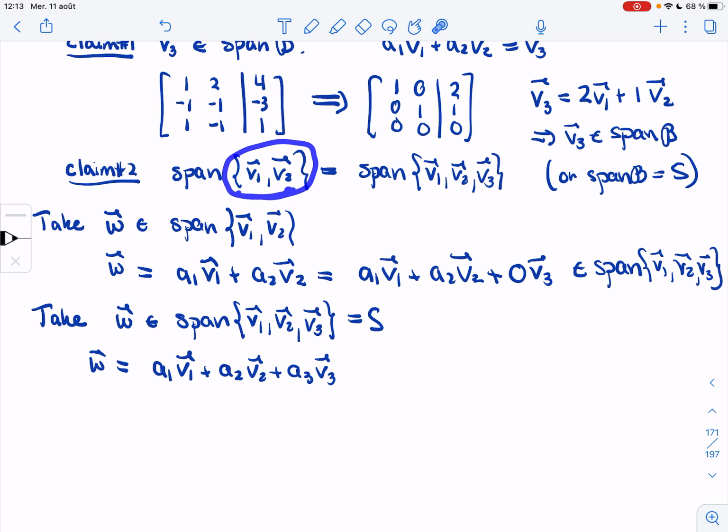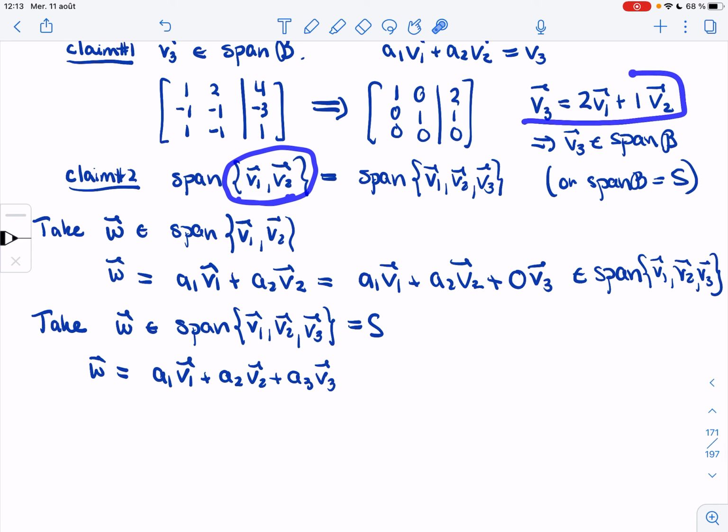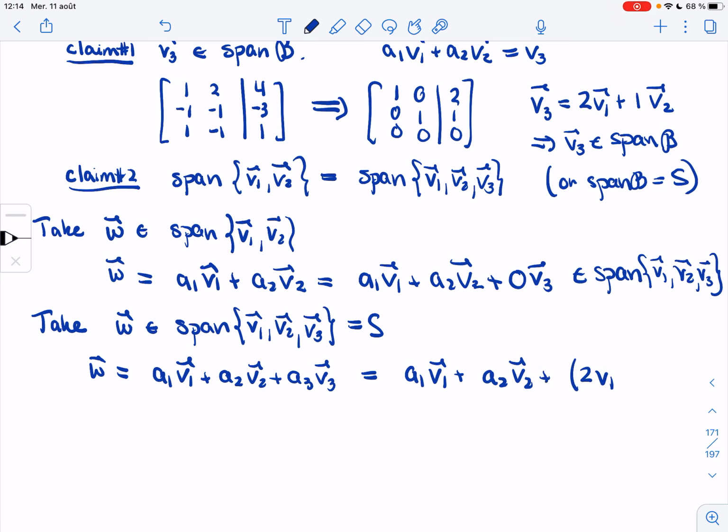I want to show that I don't need to have V3 as a generator. So I'm going to use this equation we found here, and I'm going to replace V3 by it. So that will be A1 V1 plus A2 V2 plus A3 times 2 V1 plus V2. That's my V3, but I need A3 in front.